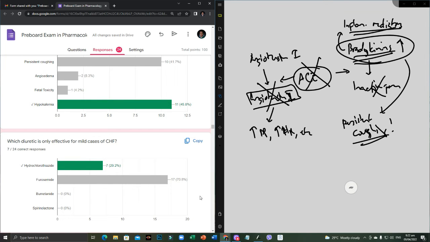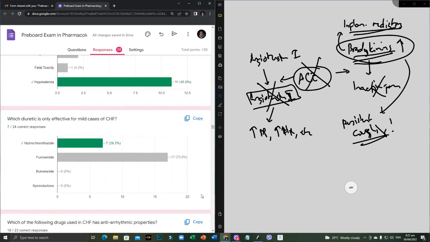Next one. Which diuretic is only effective for mild cases of CHF? So please take note, furosemide is used from stage 1 to stage 4 of CHF. Okay, so all throughout, furosemide is heavily used, not only for mild cases. It's hydrochlorothiazide which is only used for mild cases. Because between the two, furosemide and HCTZ, furosemide is more potent.